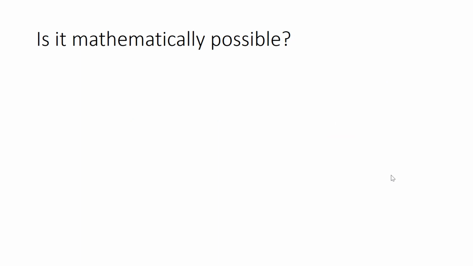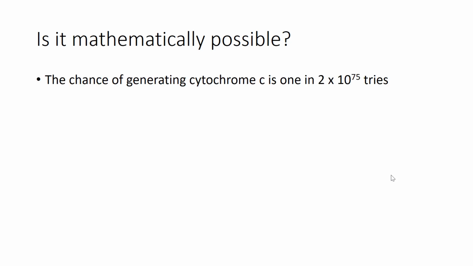And then we have the question: is it even mathematically possible? So assuming we had a good mechanism, is it even mathematically possible to generate these proteins through random mutations? The textbook talks about the chance of generating cytochrome C, which is an incredibly small protein, as 1 in 2 times 10 to the 75.